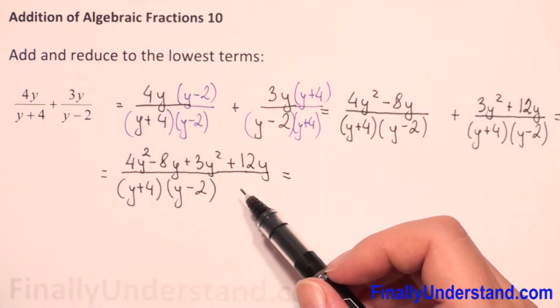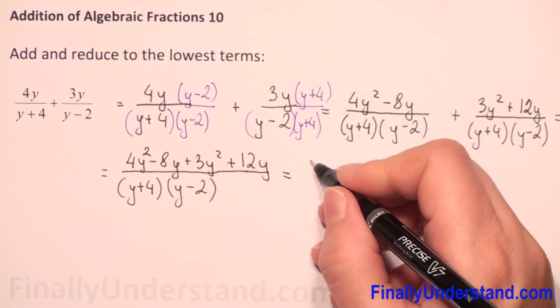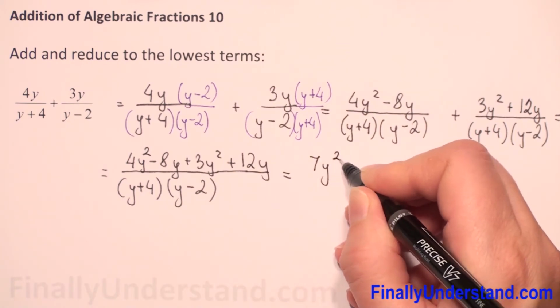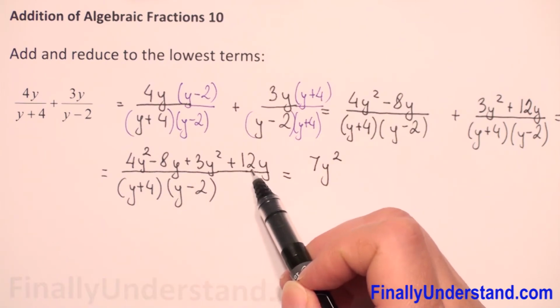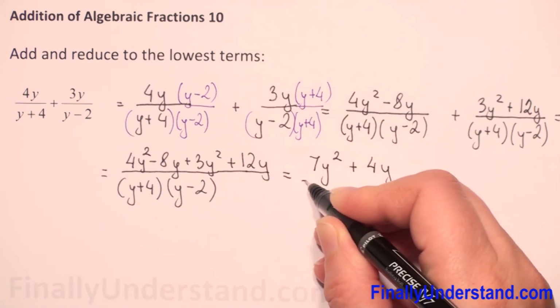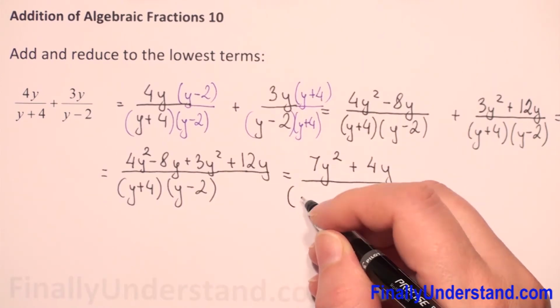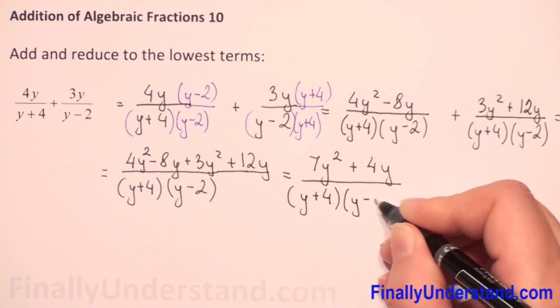We have to combine the like terms, 4y squared and 3y squared, so it will be 7y squared. And next we have negative 8y and positive 12y, so it will be 4y. Over, we copy the denominator, y plus 4 times y minus 2.